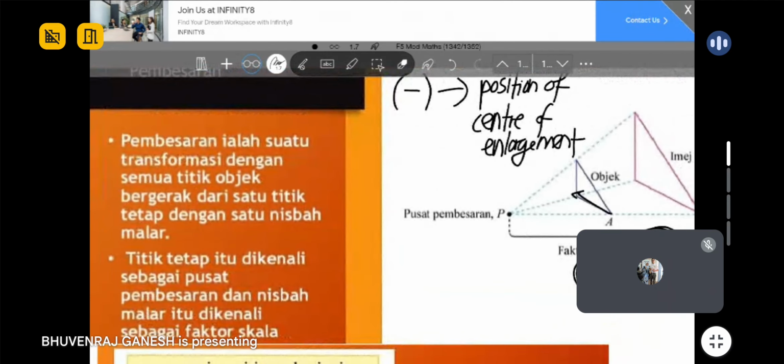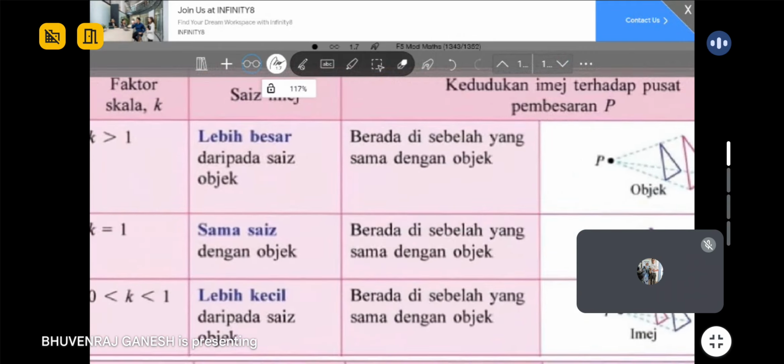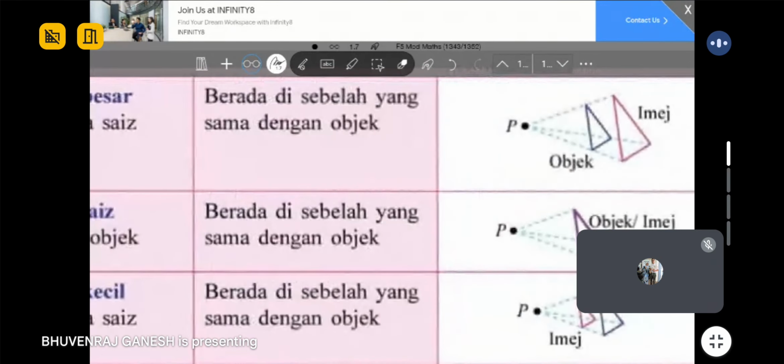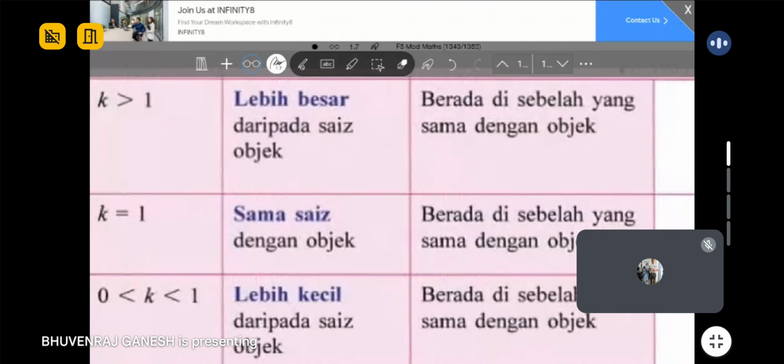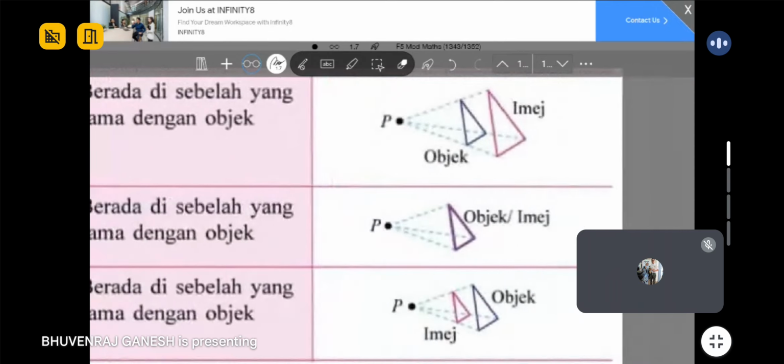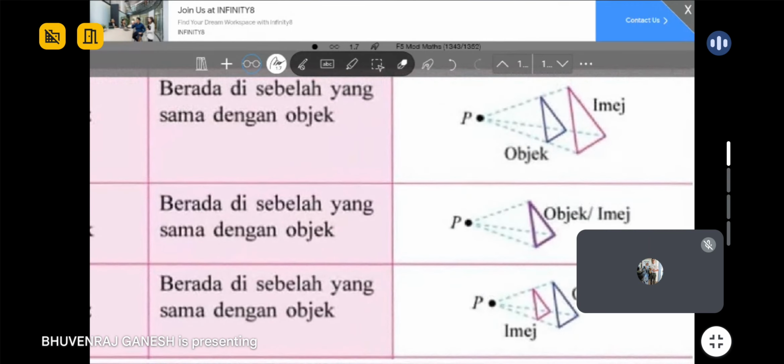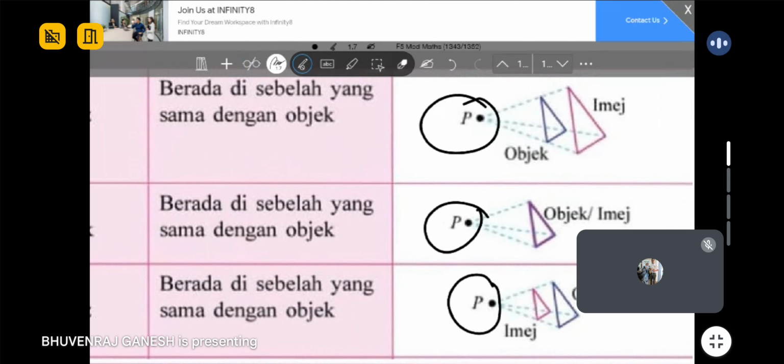Okay, so now this is where you see, guys, how to know positive or negative. We start with positive. Kita lihat positif. First condition: can you see that the center, pusat pembesaran, is at the most left or most right?